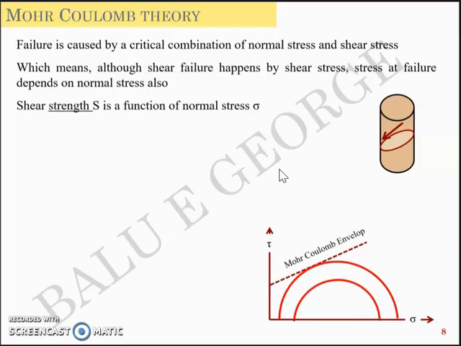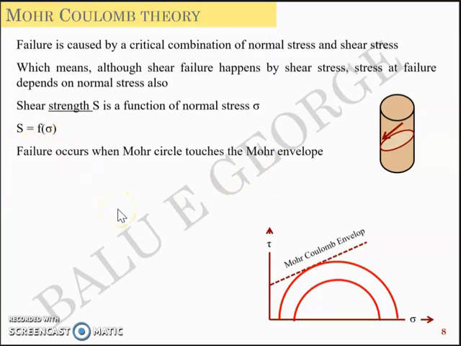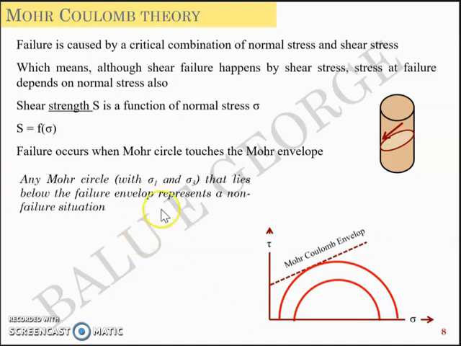So this is the Mohr theory, and it says as S is a function of sigma, the failure occurs when the Mohr circle touches the failure or Mohr envelope. So any Mohr circle with sigma 1 and sigma 3 that lies below the failure envelope, which is marked in the dotted line, represents a non-failure situation.